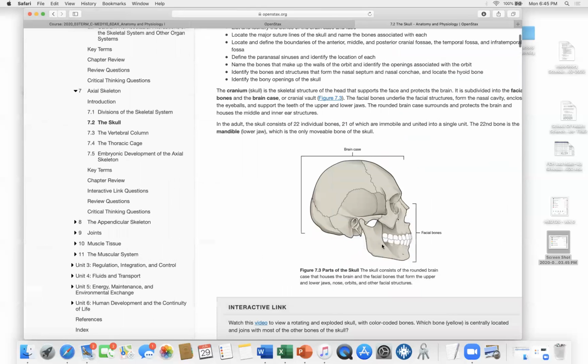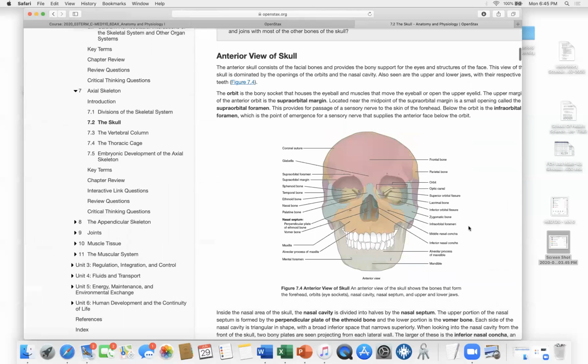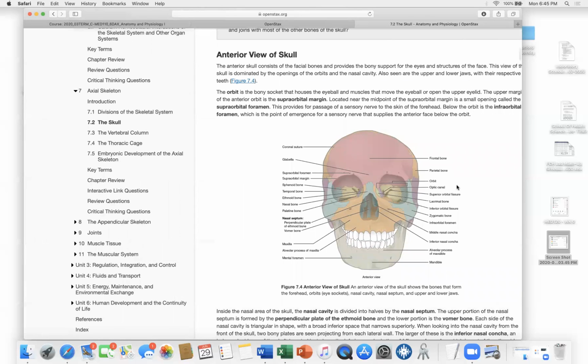You have your skull, you have your mandible, zygomatic, right? And let's get a better picture. Ooh, here's a better picture. So you go home, you look at these pictures, and then there's all these, especially if you had medical terminology, if you look at the skeletal portion and the end part of your chapter on skeletal system, they have a whole bunch of these and they're blank, and then you could practice them.